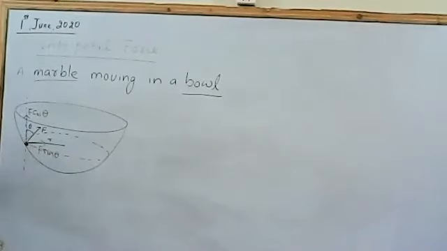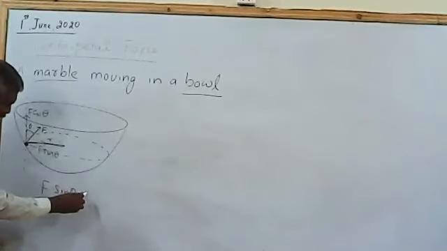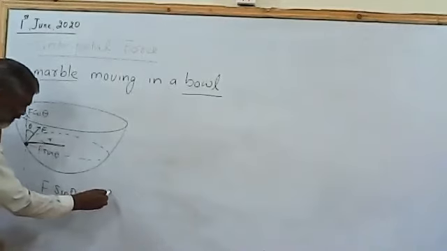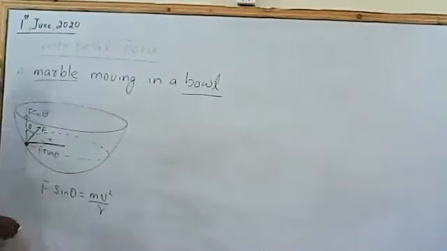Once again, F sine theta is the force which is directed to the center of this circle, and therefore F sine theta must be equated to mv square over r, where m is the mass of this object and v is the speed with which it is moving in this circle, whereas r is the radius of this circle.